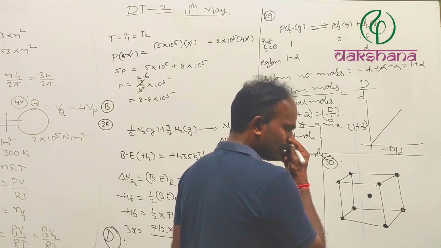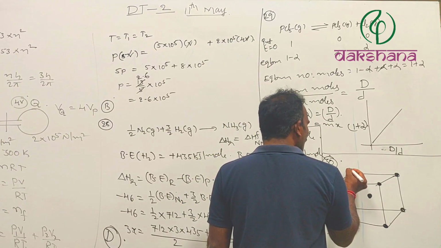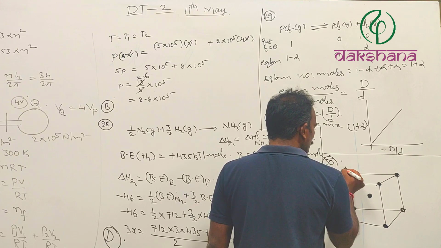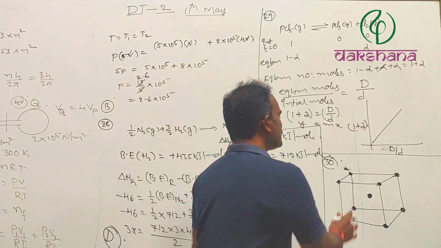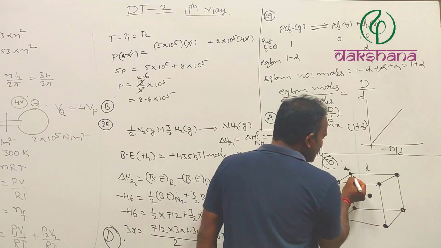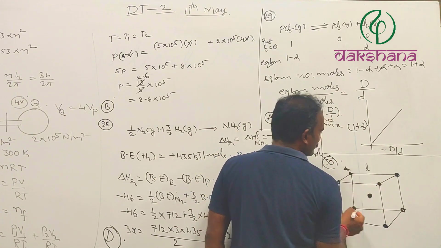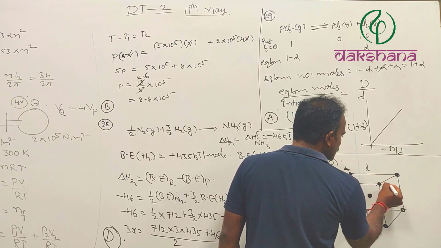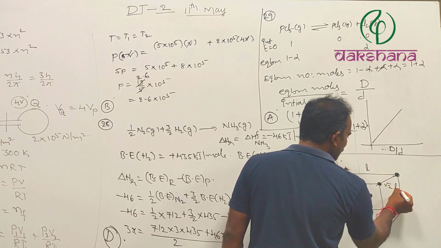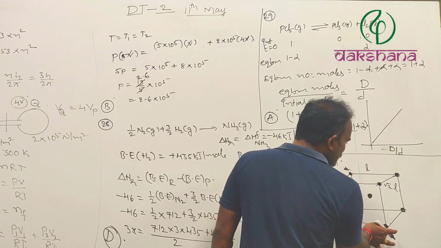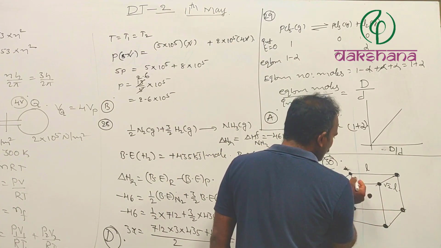Let us suppose this is the atom I am observing, and I am putting a star mark on it. The distance between these two is given as L. Now the distance between this one and this one, how much is it going to be? Yes, root 2 L. The distance between this one and this one is going to be root 3 L.